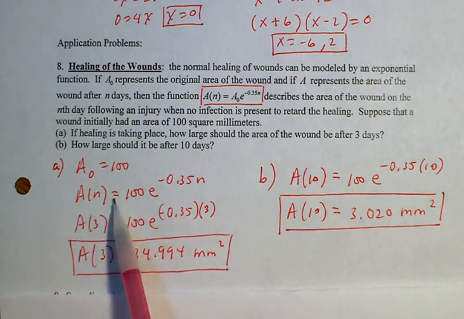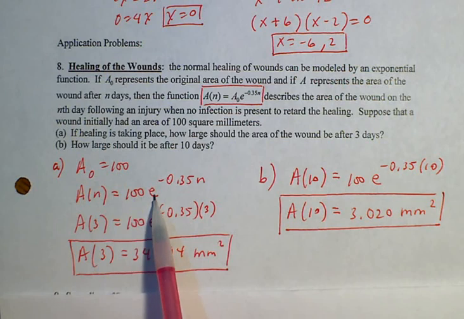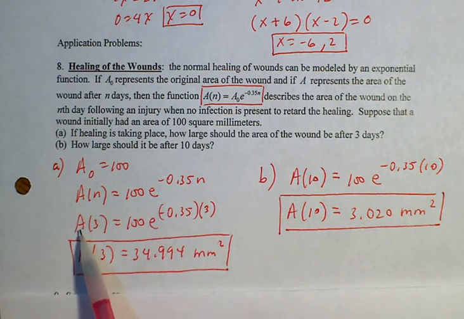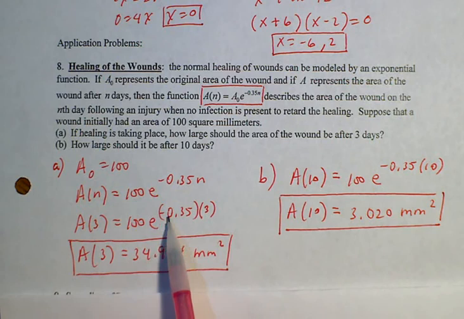So I have a of n is equal to 100 e raised to the negative 0.35n. And then I'm going to look at it for 3 days, so that will be the time. So it's a sub 3 is equal to 100 e raised to the negative 0.35 times 3. Right, so I'm just putting in 3 for the n.